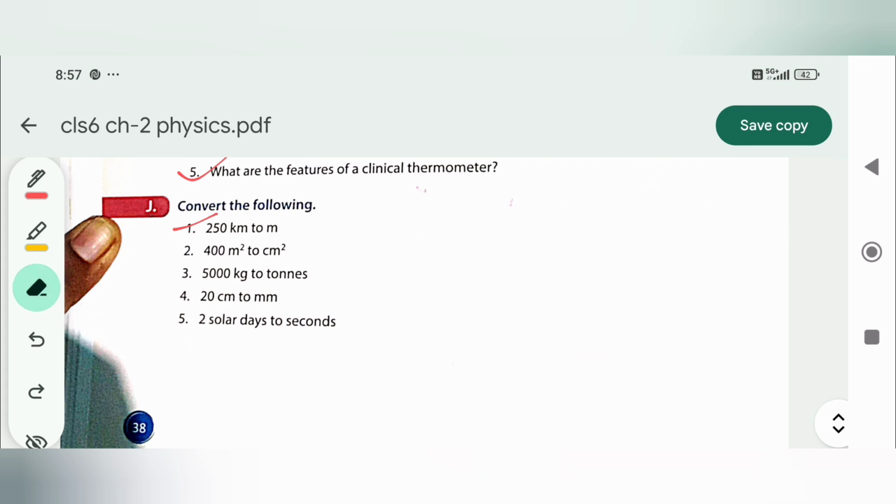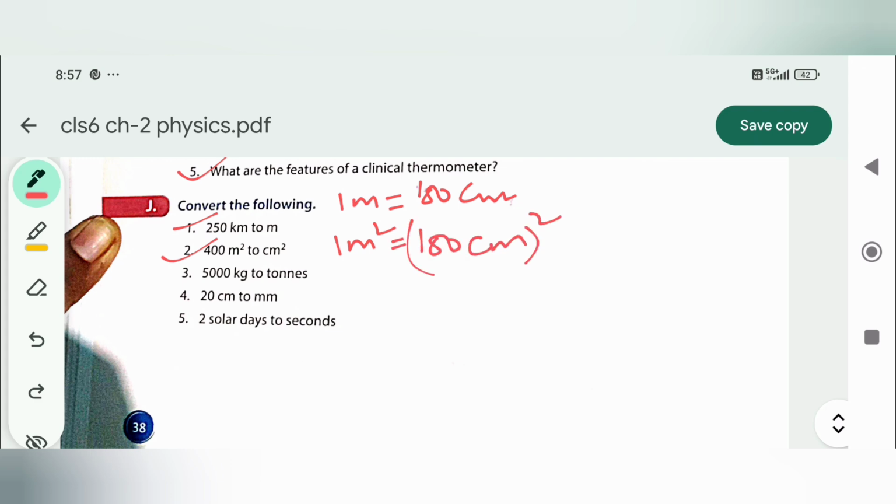Now 400 meter square to centimeter square. So 1 meter is equal to 100 centimeter. So 1 meter square is equal to 100 into 100 centimeter square, that is 10,000 centimeter square.